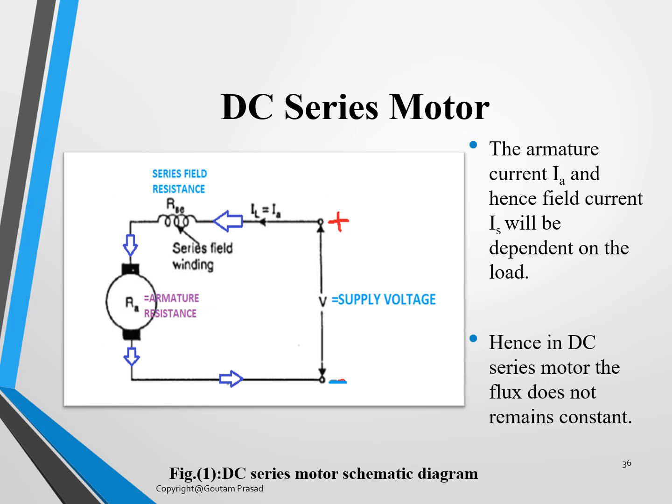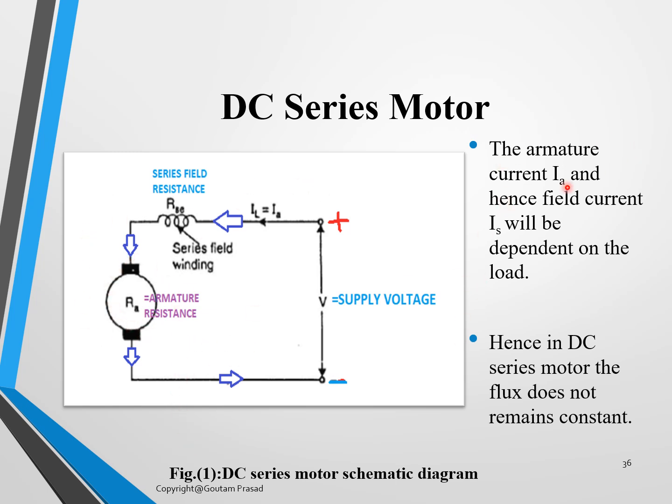So here is the picture, my friend. This is the armature current, or IS is the same, and this is the series field winding, which has a resistance of RSE, which is much less than the armature resistance, and the whole connection looks like this.